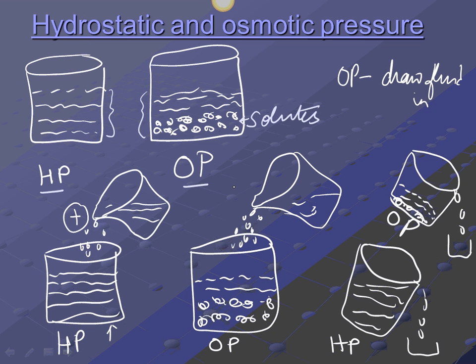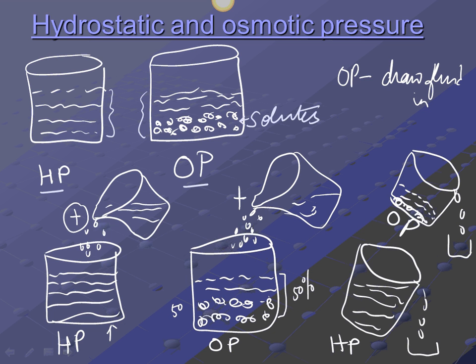Now look at what happens to osmotic pressure when you add fluid. You dilute the solutes, right? If this whole solution was 100 ml, of which 50 was sodium chloride, then sodium chloride is 50% of this solution.